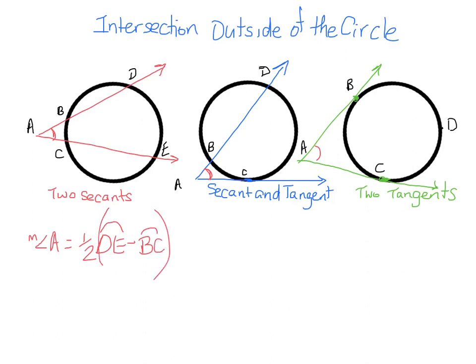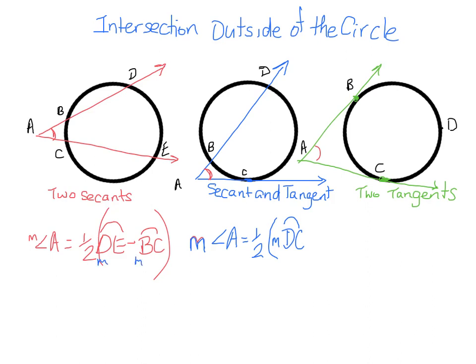All right, the other one is similar. Let's do that in blue. The measure of angle A is equal to half the measure of the intercepted arc, the big one, which is DC, minus the measure of the small arc, BC. I forgot to put my measure sign in there, so you know it should be here.